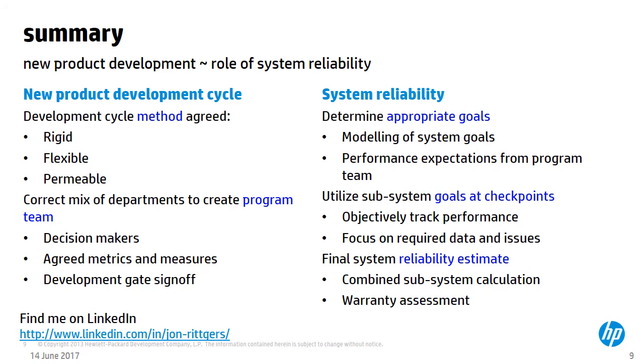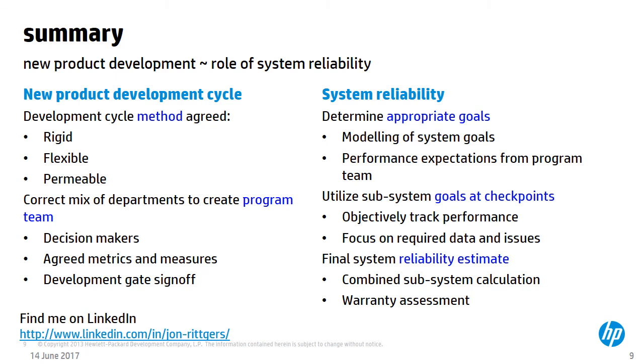The program team needs to be the decision makers, the people that can actually decide whether to move forward or not. They have to agree on what is a good goal and a bad goal, what is acceptable or what is not acceptable. And once they go through the checkpoint, they need to verify that everybody is in agreement.